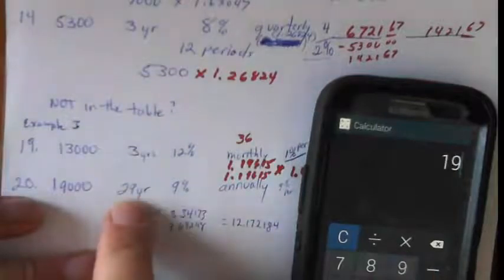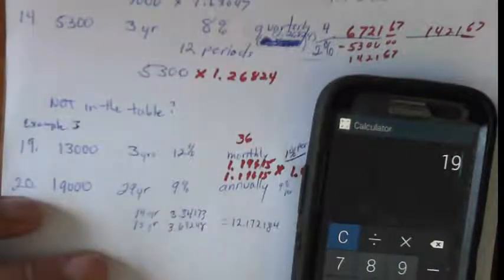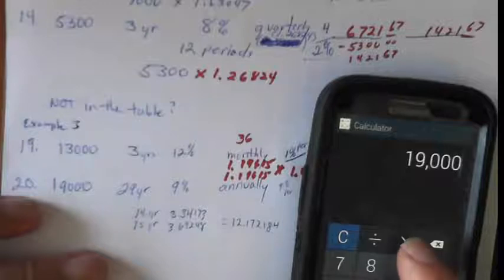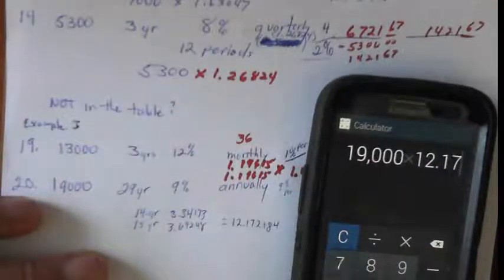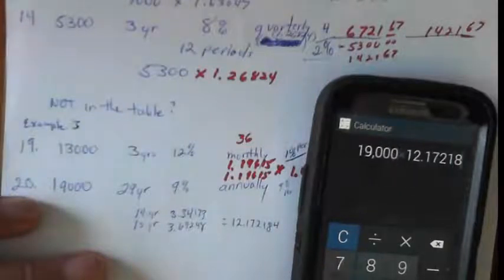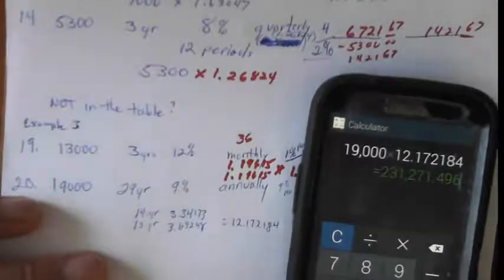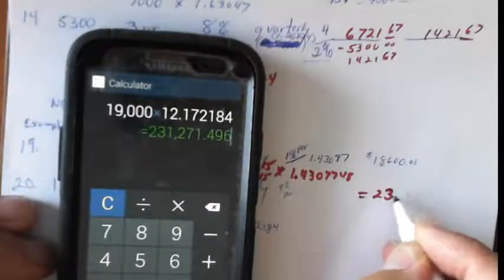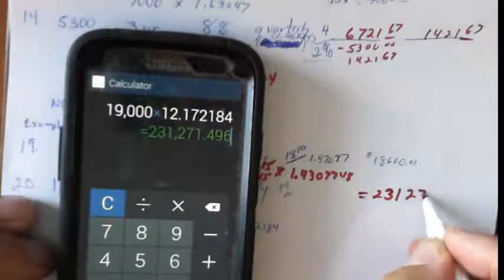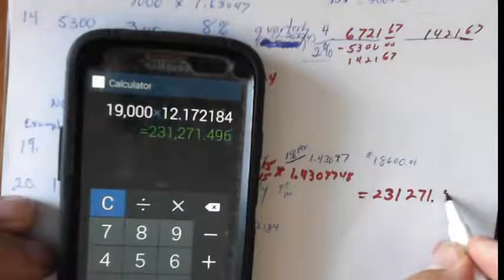So this is going to be a big number because you've got this money in there for 29 years. So you're going to come up with a pretty good size number here. So that's right. 231,271.50.